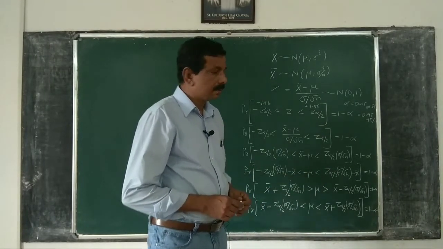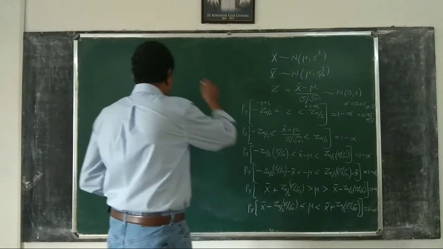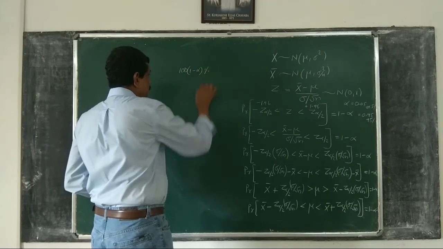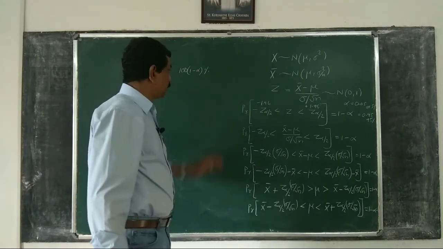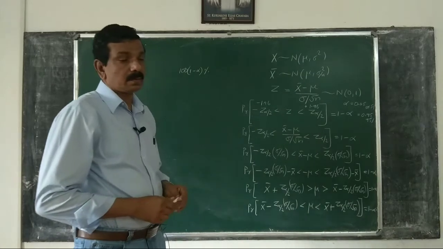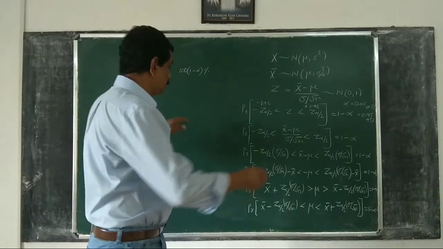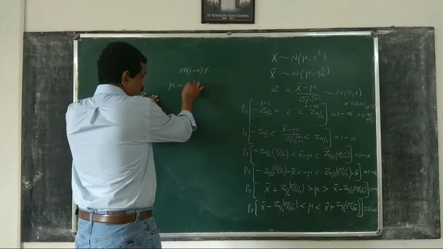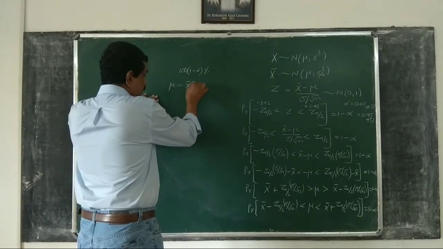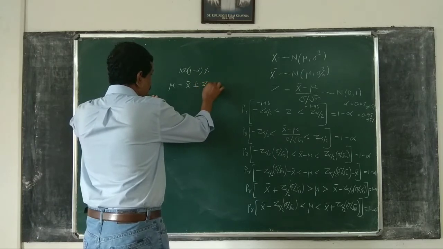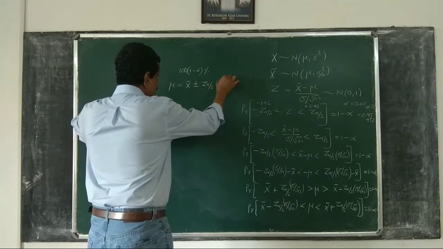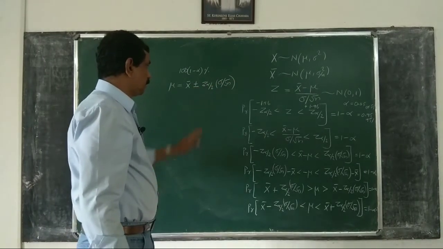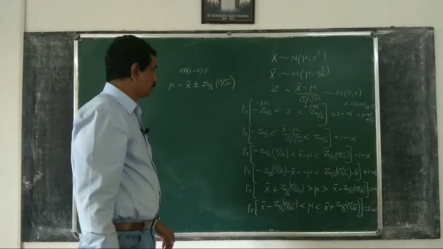So, the 100 into 1 minus alpha percent confidence interval for mu is equal to x bar plus or minus Z alpha by 2 sigma by root n.